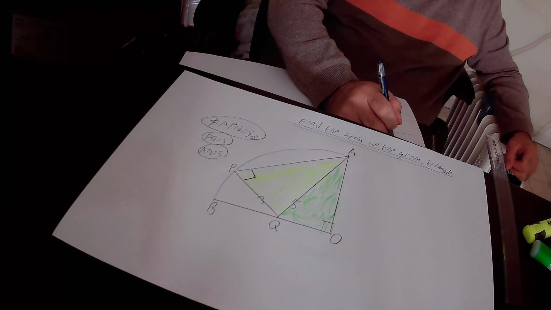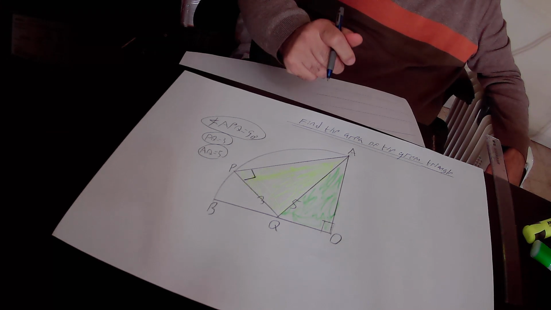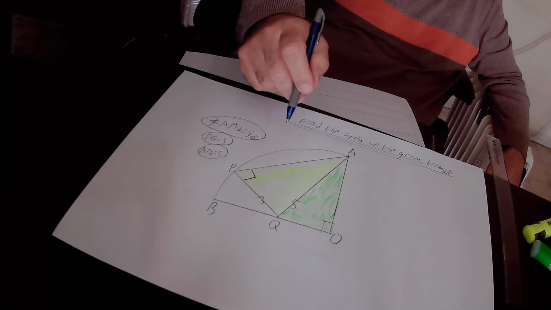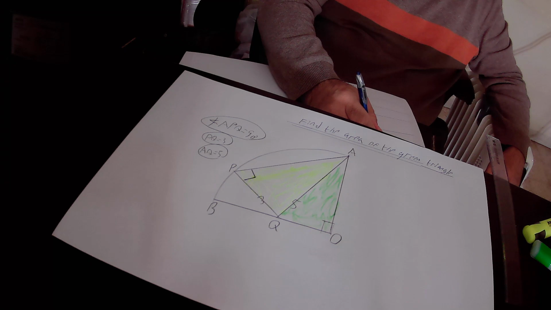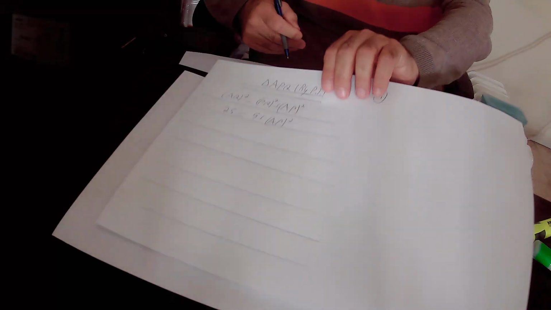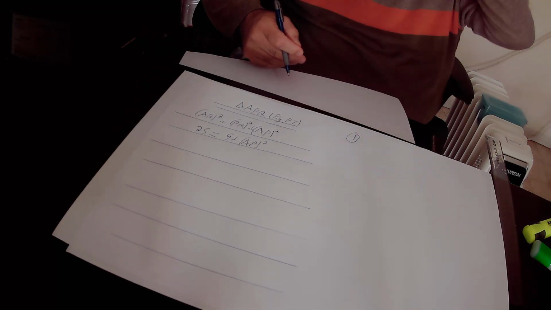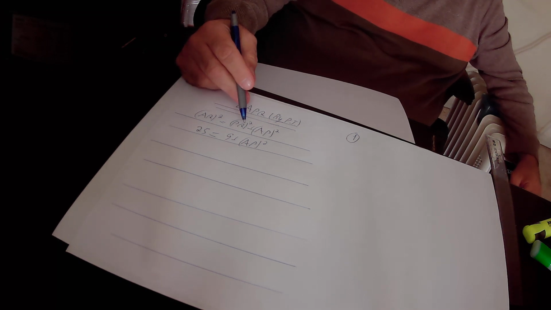And it is equal to PQ squared. PQ is 3, therefore PQ squared is 3 squared, that is 9, plus AP squared. In conclusion, according to the Pythagoras theorem, in the yellow right triangle, 25 equals 9 plus AP squared.